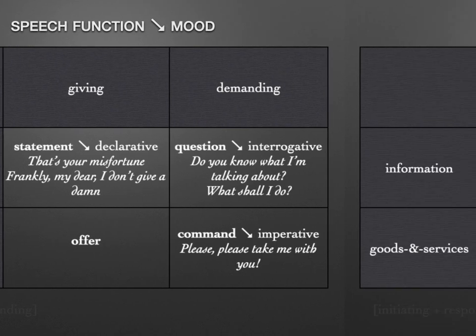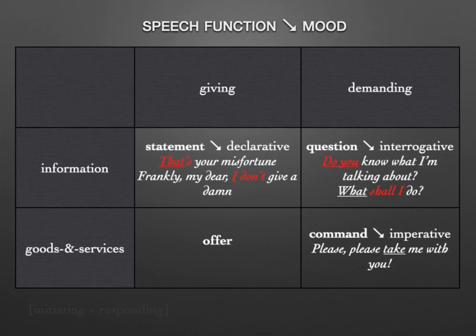How do you recognize these structurally? Well, we've sort of already seen this. The declarative clause starts with the subject and is followed by the finite. Demanding information depends on what kind of information. If it's yes/no, then it's signaled by finite followed by subject, as we saw when we looked at unmarked theme. And if it's demanding about a participant or a circumstance, then it's signaled by a WH element, always followed by the finite.